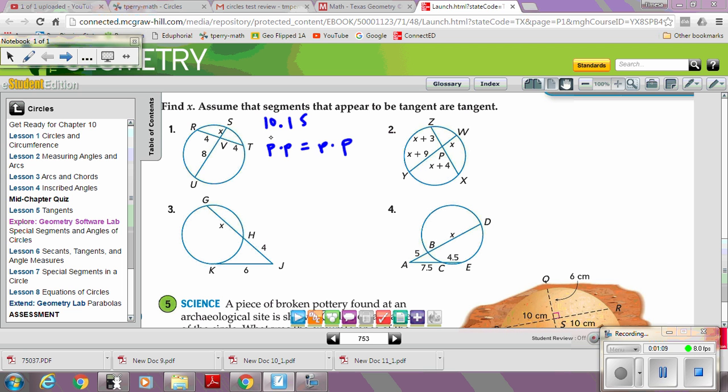On this problem, the parts would be RV with VT, SV with VU.